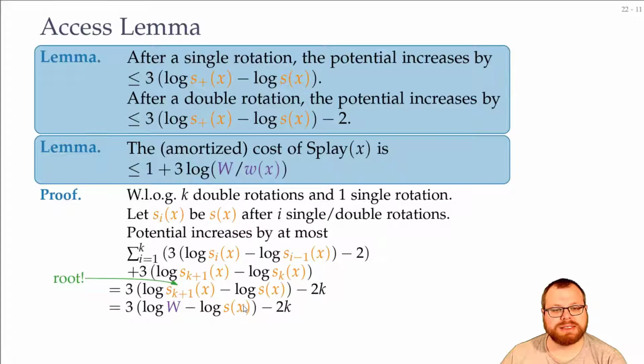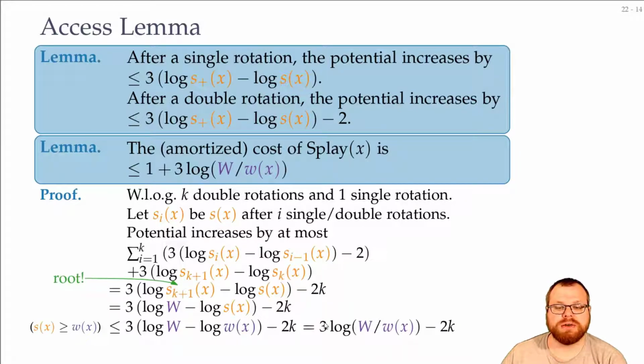And this is at least the weight of x, because x of course is in the subtree of x. So we replace this by w of x, and then we use the logarithm rules here to get 3 log W divided by w of x minus 2k. So this is the potential change after all these rotations.